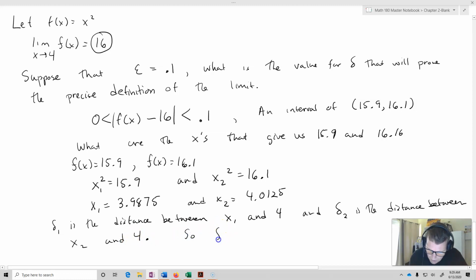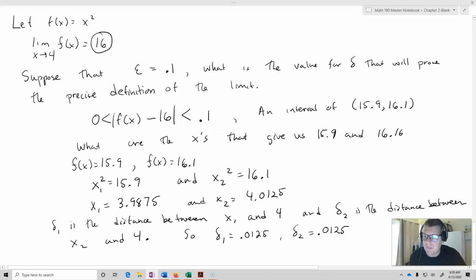So delta 1 is going to equal 4 minus 3.9875, which is 0.0125. And delta 2 is going to equal 4.0125 minus 4, so delta 2 is also 0.0125.